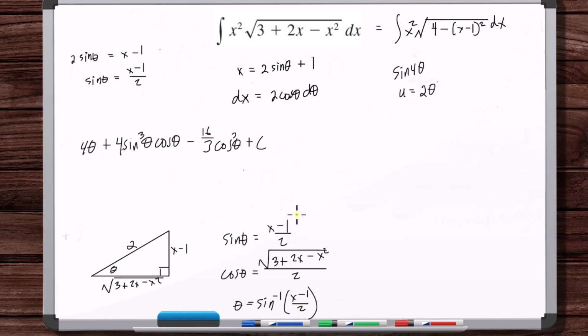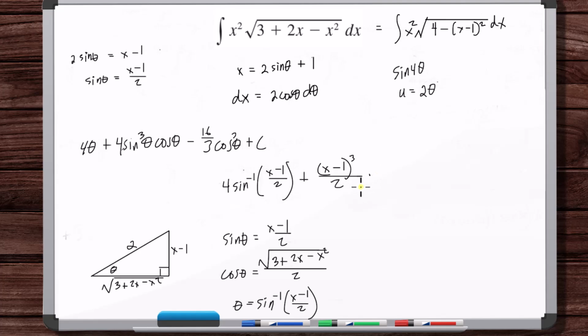that. So, all right, so we've got 4 plus 4 times, so okay, 2 cubed is 8. So 4 divided by 8, so we're going to have x minus 1 cubed over 2. Okay, now times cosine theta.